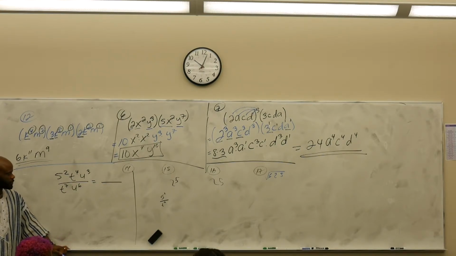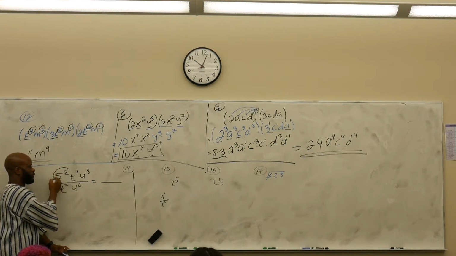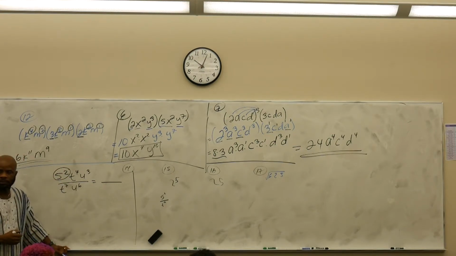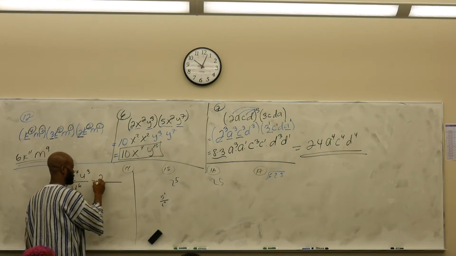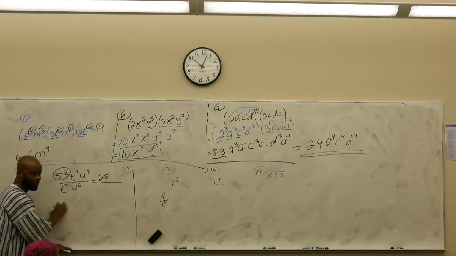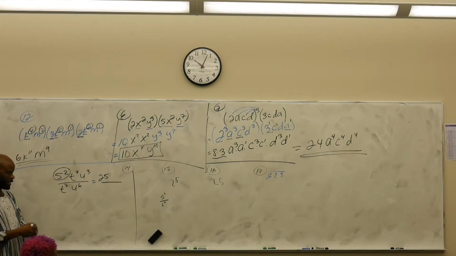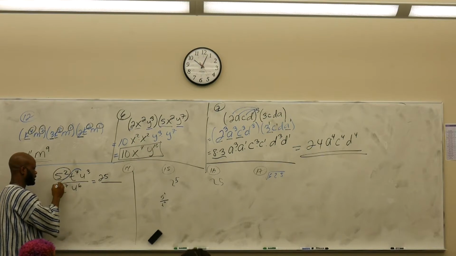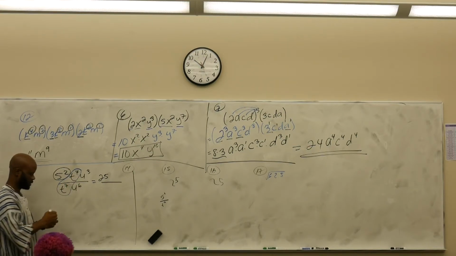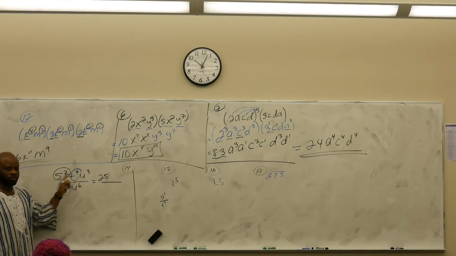Okay, let's do this. So 5 squared is what? 25. Okay. And it has nothing in the bottom to reduce it, right? All right. Then let's look at our t's. This one got 4 to give.